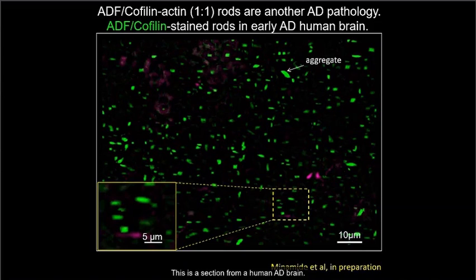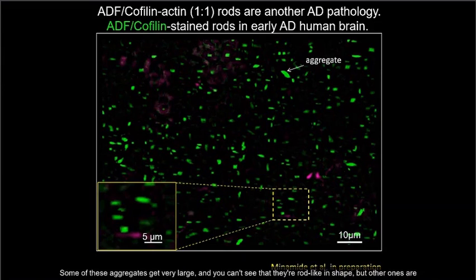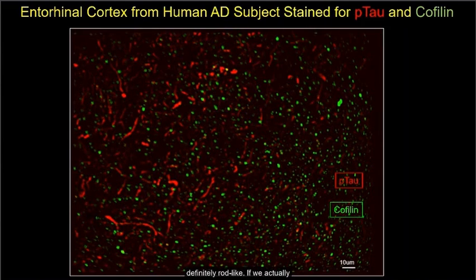This is a section from human AD brain. Some of these aggregates get very large, but they're rod-like in shape. And if we look at these in conjunction with tau staining, so phospho-tau is shown here in red, these are in what are called striated neuropil threads.